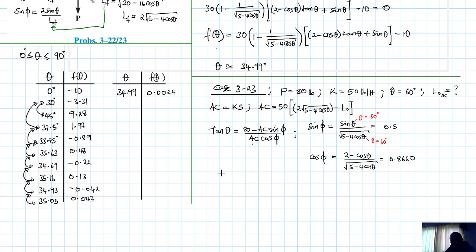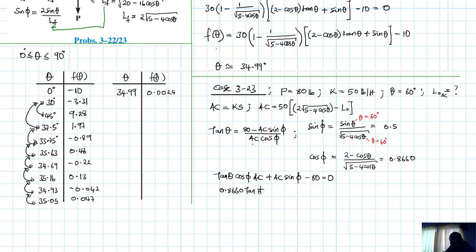So with this, we can therefore write this equation here. We know what AC is, but let's find it first. So we can say tan theta cos phi AC plus AC sine phi minus 80 equal to 0. All right. So if we replace the values there, then we'll have 0.8660 tan theta, which is just tan 60.